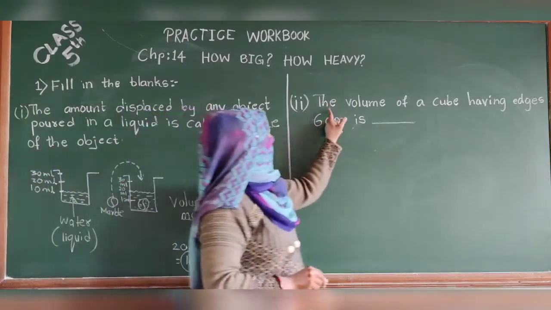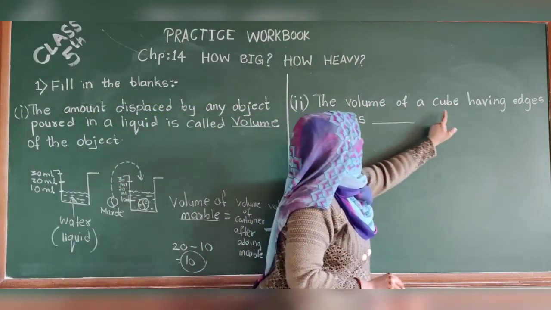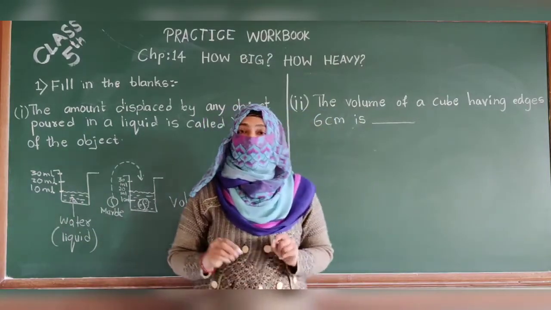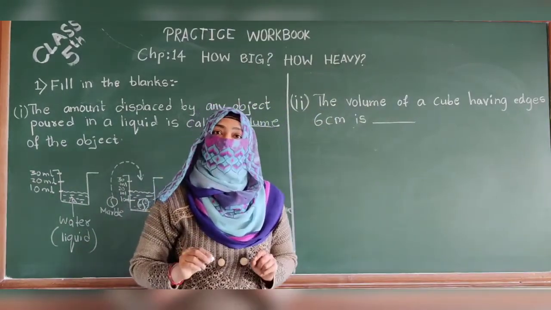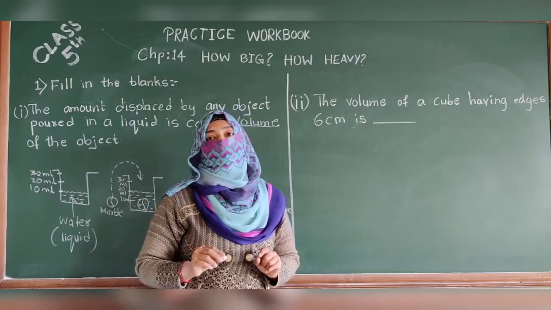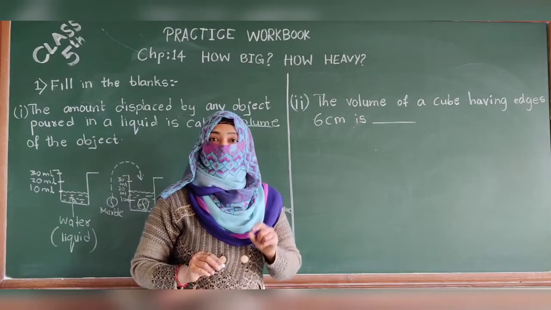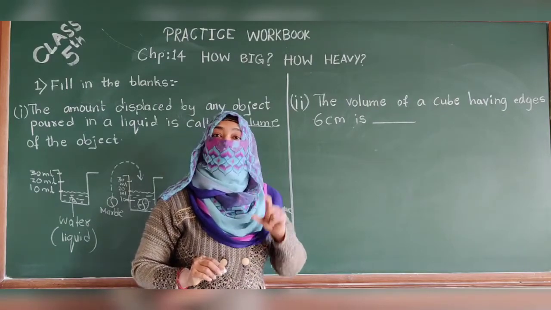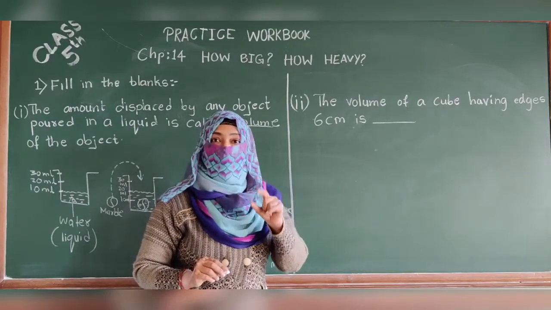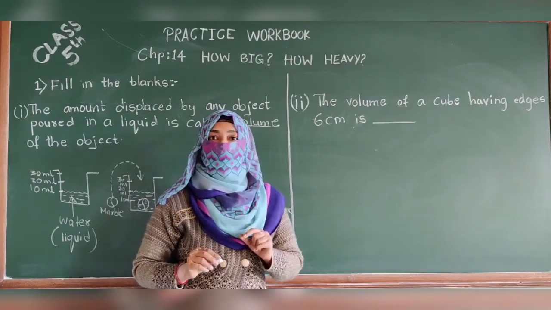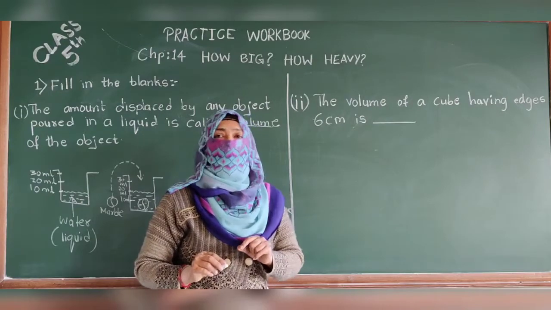Now come here. The volume of a cube having edges 6 cm. A cube has all sides equal. As I had shown you in a demonstration video, you prepare a cube with 6 square papers, so it is square on all sides.